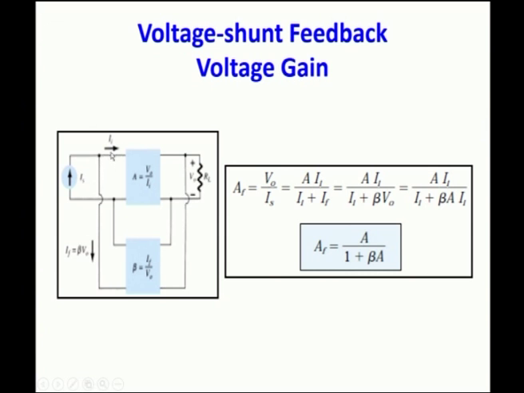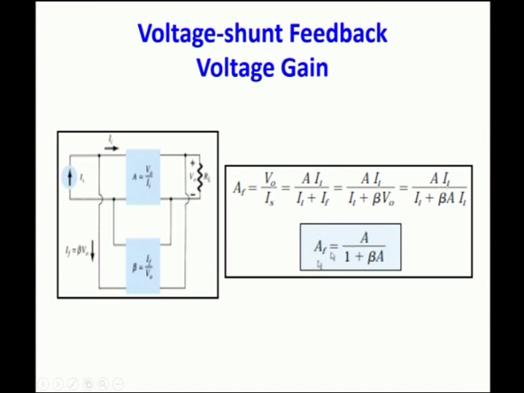So, Is can be given as Ii plus If, where If is the feedback current, which can be given as beta V naught. Replace this If with beta V naught, take Ii out, and cancel out the Ii term. So, AF is equal to A by 1 plus beta A. This is the overall gain.